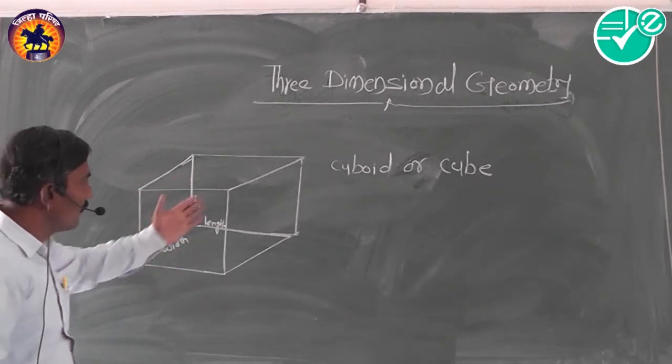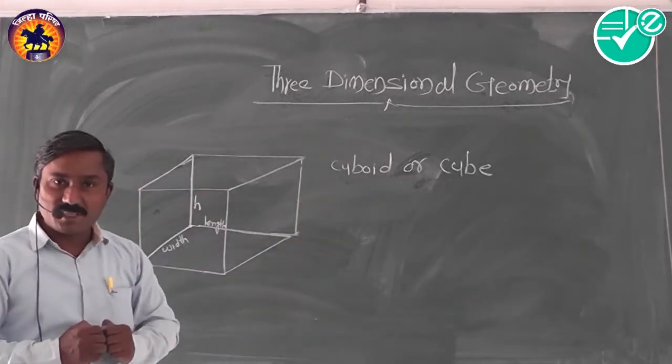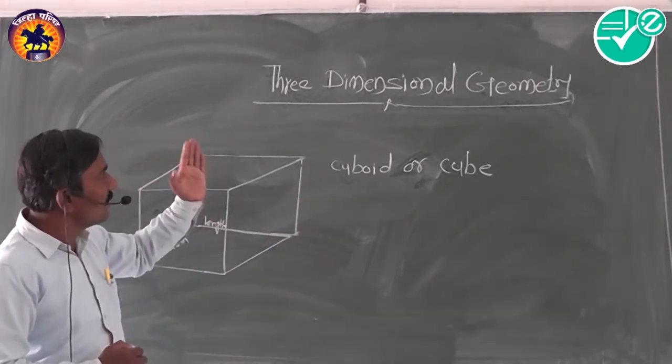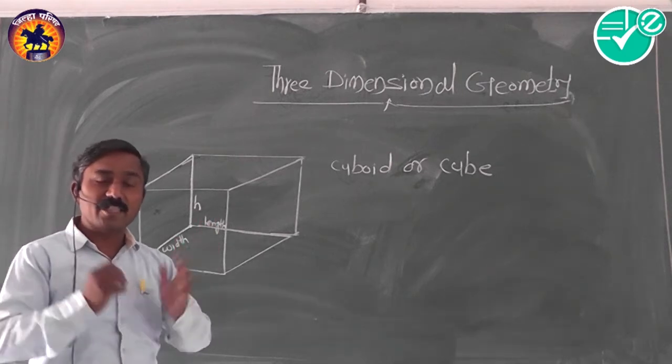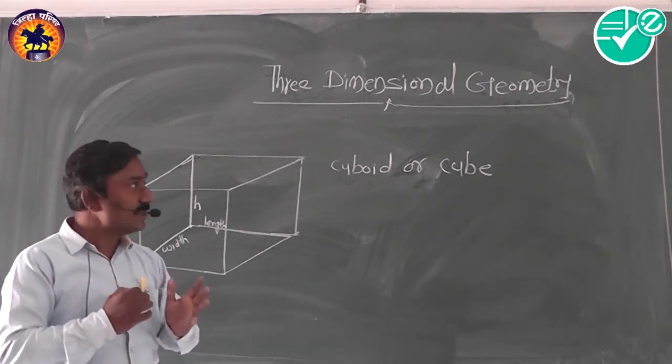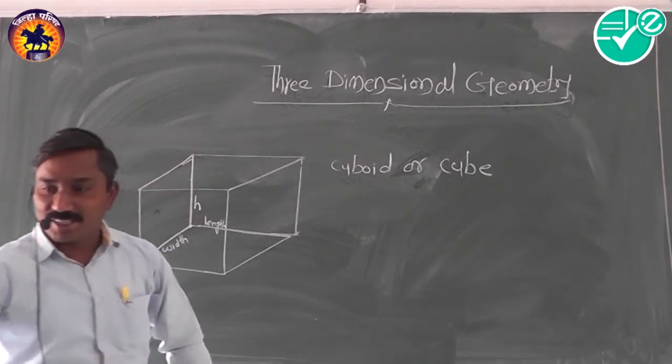So cuboid or cube are the shapes of those dimensions. In this chapter, we have to learn about mathematics used in geometry. So let's start with the figure.